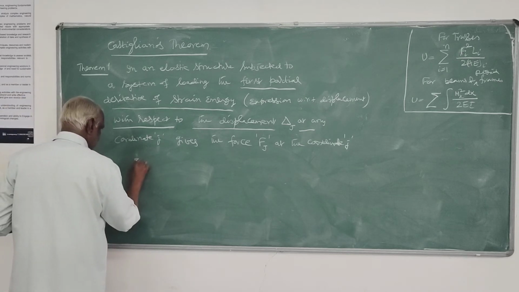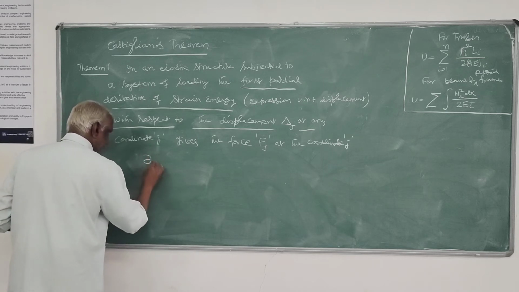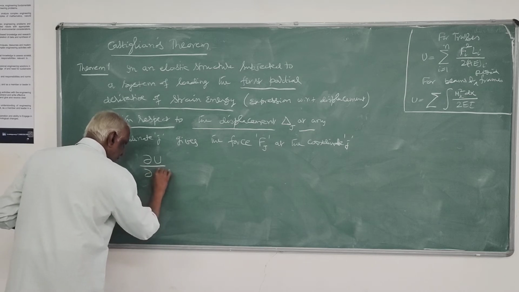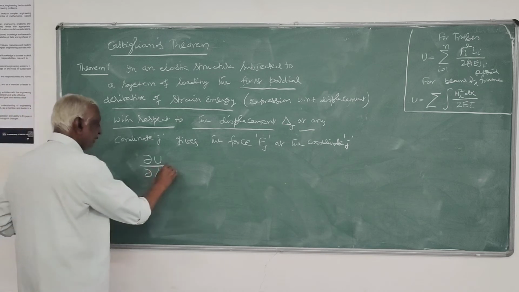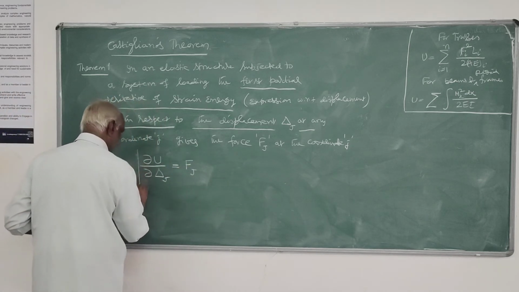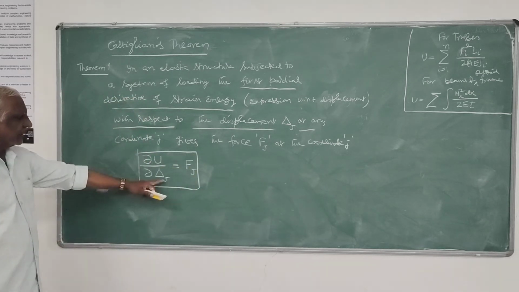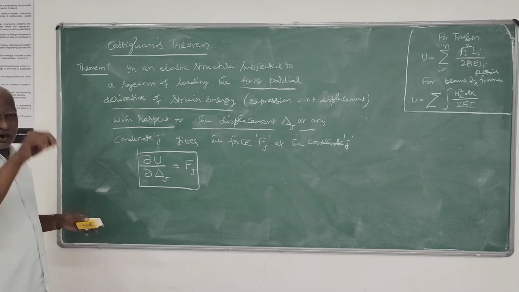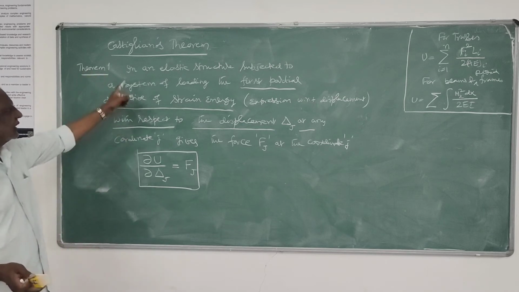That means the first partial derivative of strain energy with respect to the displacement acting at any point or coordinate will be equal to the force acting at that coordinate. The J is nothing but the coordinate. Coordinate means the point of reference, the point under consideration. This is your theorem 1.